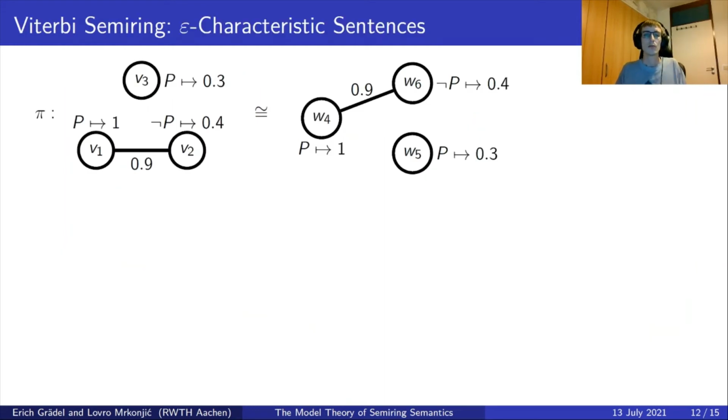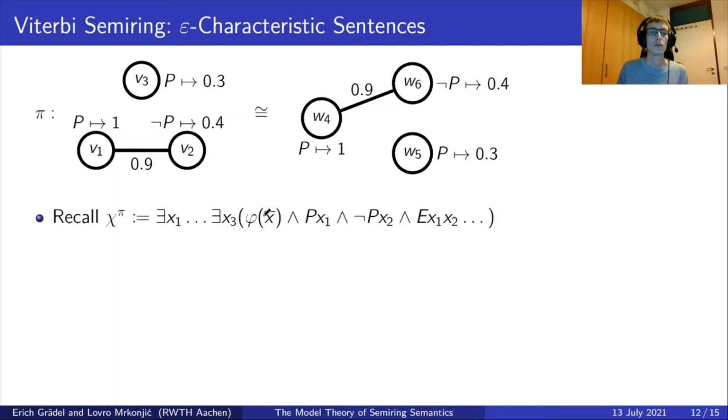Now we try to move this approach to the Viterbi semiring. So we have two isomorphic Viterbi interpretations, and we will try to characterize pi using the same approach from before. So we construct the same characteristic sentence, and we observe that it does not work anymore because we can simply swap these two values here.